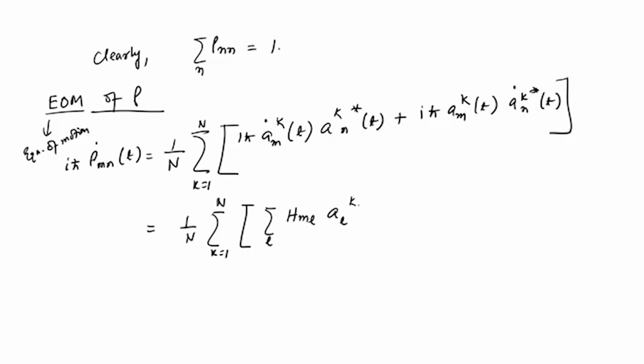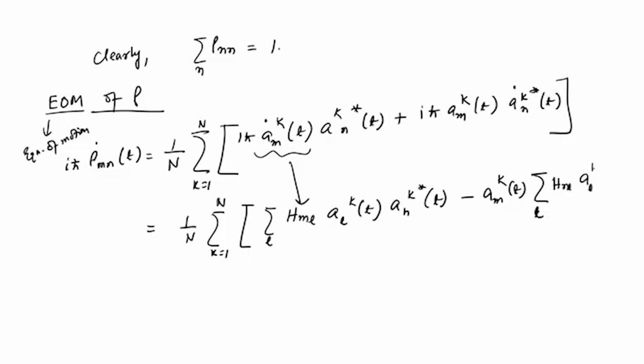So, this part is written as h ml and a lk of t, and a nk star of t, and then there is a minus a mk of t and sum over l h nl a lk star of t. That is for this one and this one, that is written as this term.